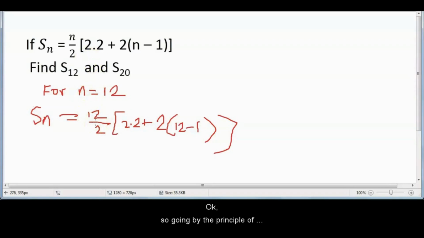Going by the principle of BODMAS, we have to solve the bracket first. 12 minus 1 is equal to 11.